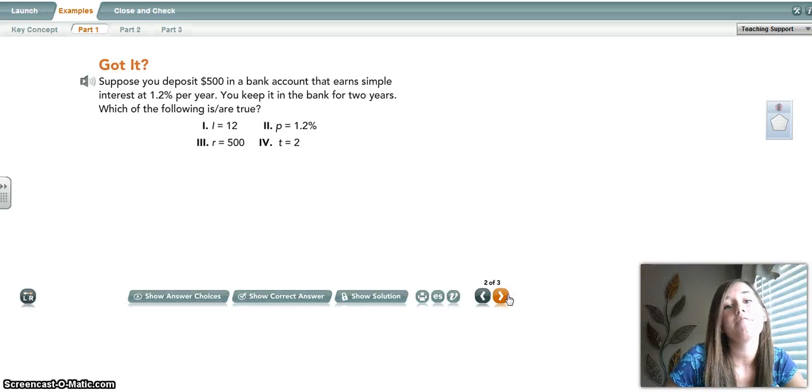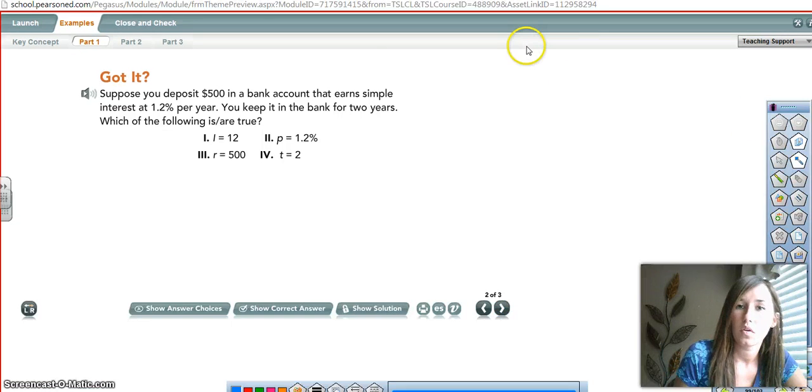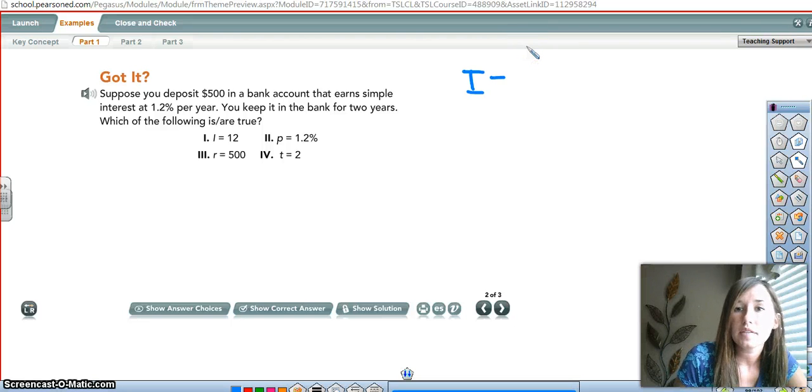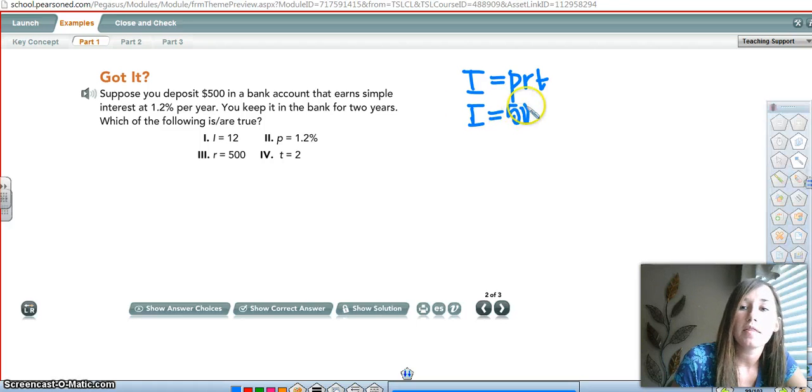Suppose you deposit $500 in a bank account that earns simple interest at 1.2% per year. You keep it in the bank for 2 years. Which of the following are true? Okay, so our formula says that the interest is calculated by doing P times R times T. Our principal is the amount of money we begin with.